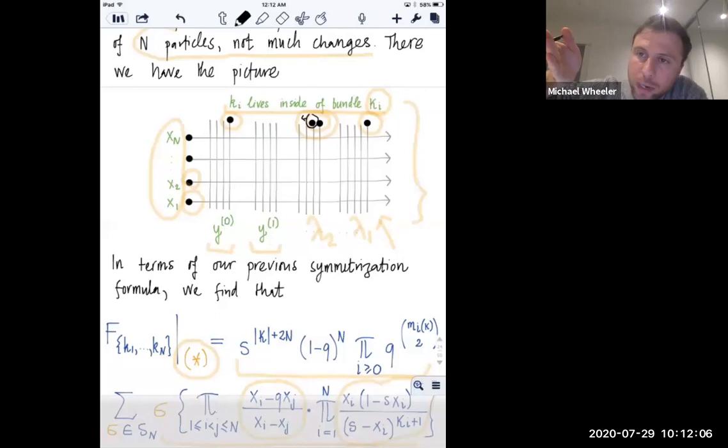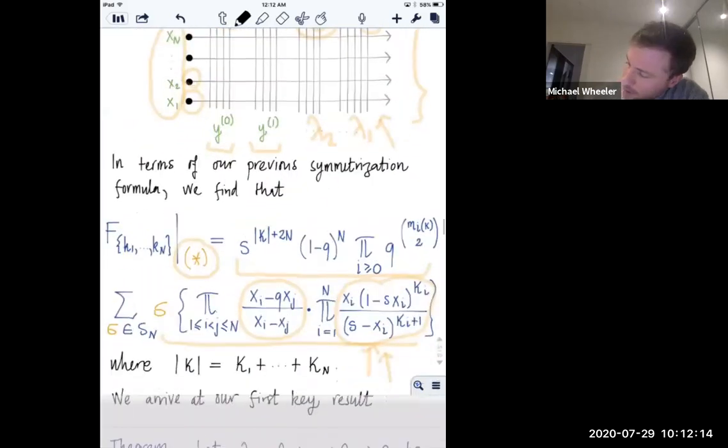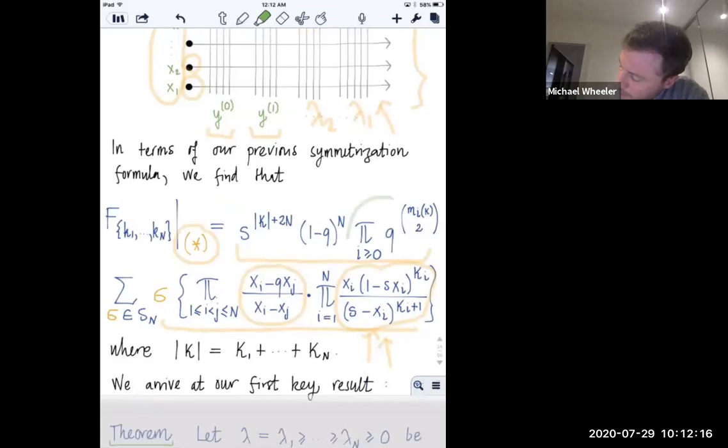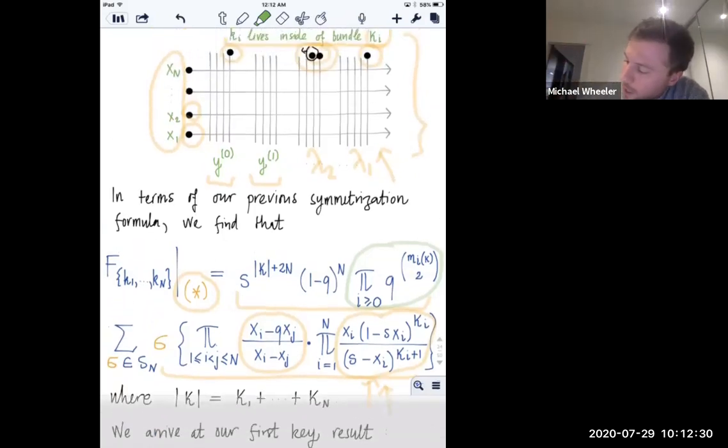In this formula, I didn't say too much about the normalization, but there are actually triangular numbers of these q's showing up, and that's precisely coming from these overall powers of q that you get in bundles with more than one particle.